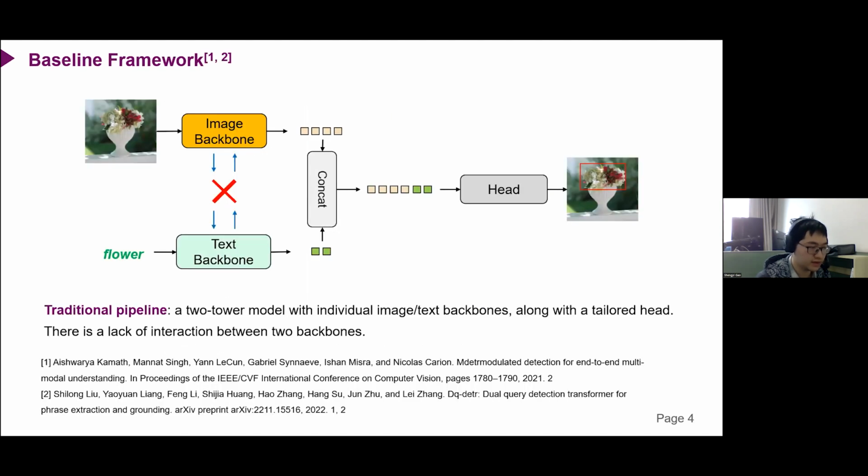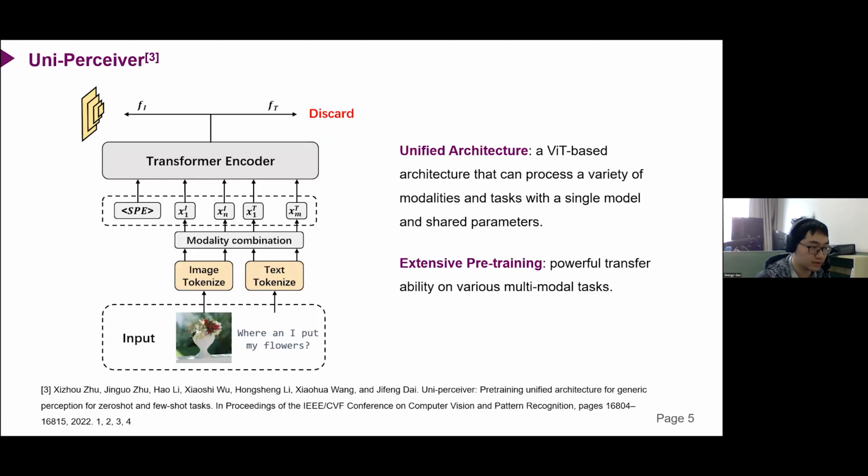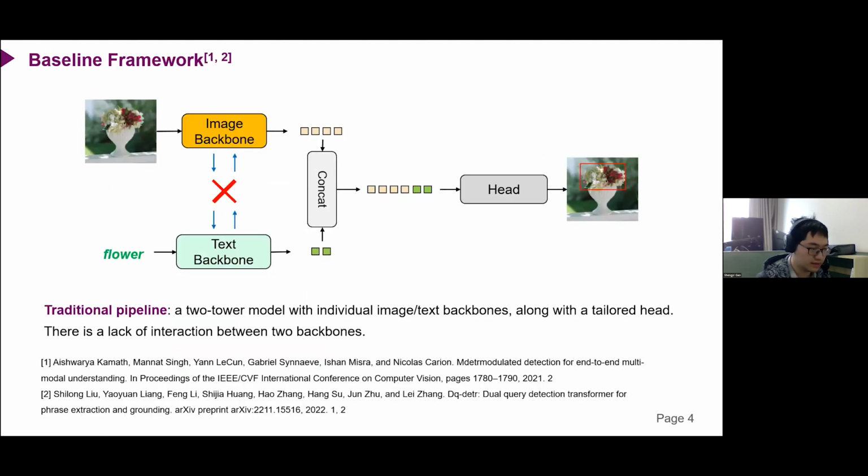And in fact, research on methods for visual grounding is now quite mature. Most of these methods follow a common architecture. First, an image backbone and a text backbone are used to extract features from the image and the text inputs, respectively.